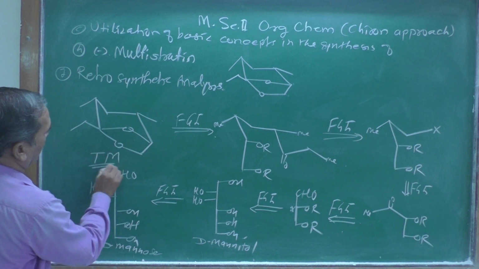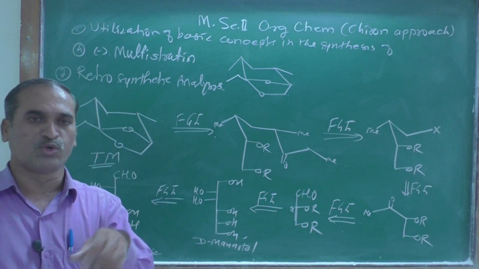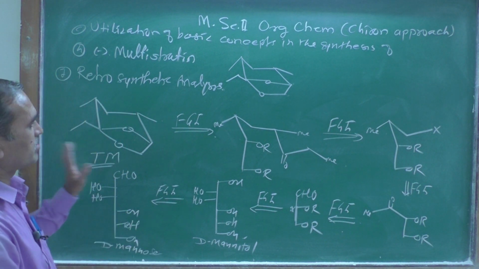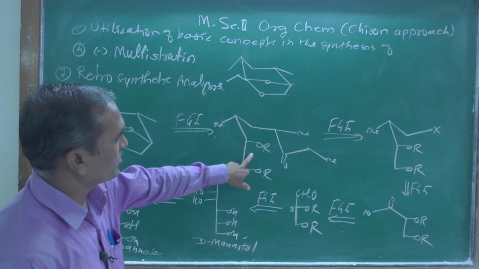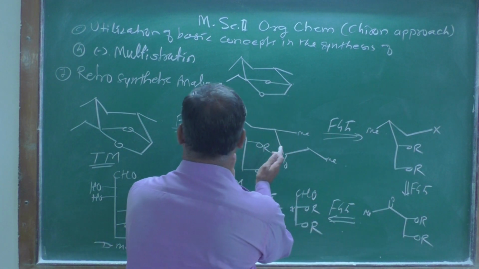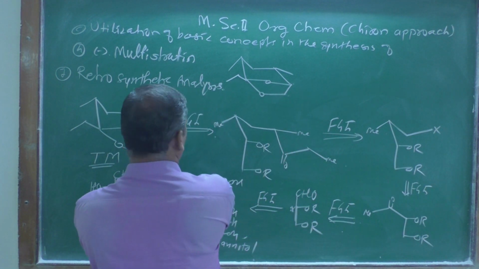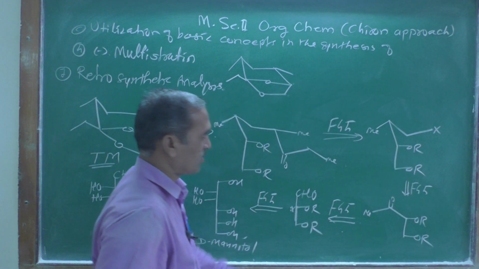This is our target molecule, and the target molecule is nothing but the molecule whose synthesis is being planned. And by doing this we can get this one, this molecule could be made from this, and again this is a reverse process.